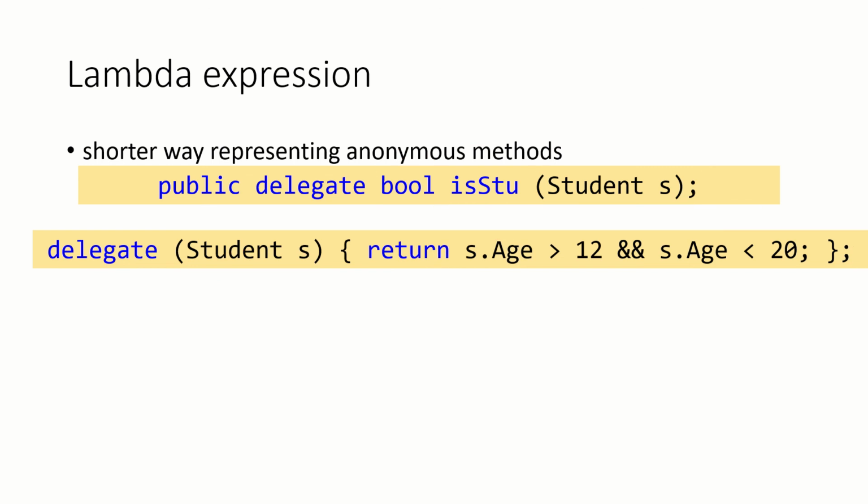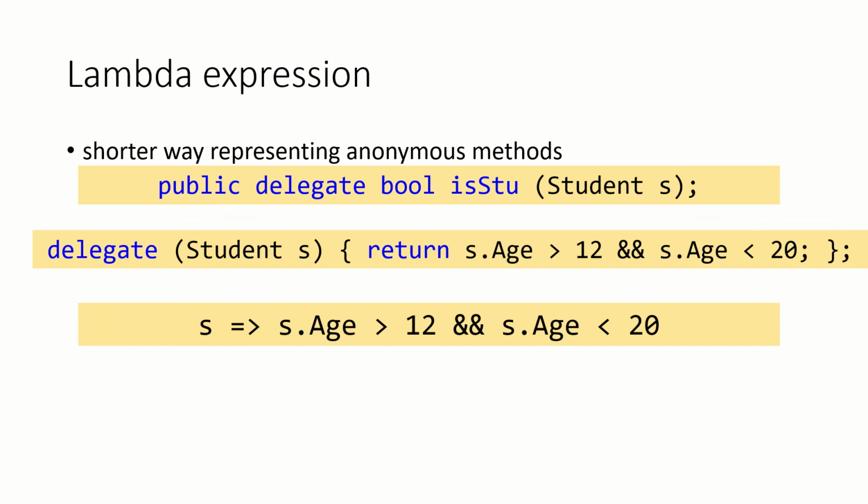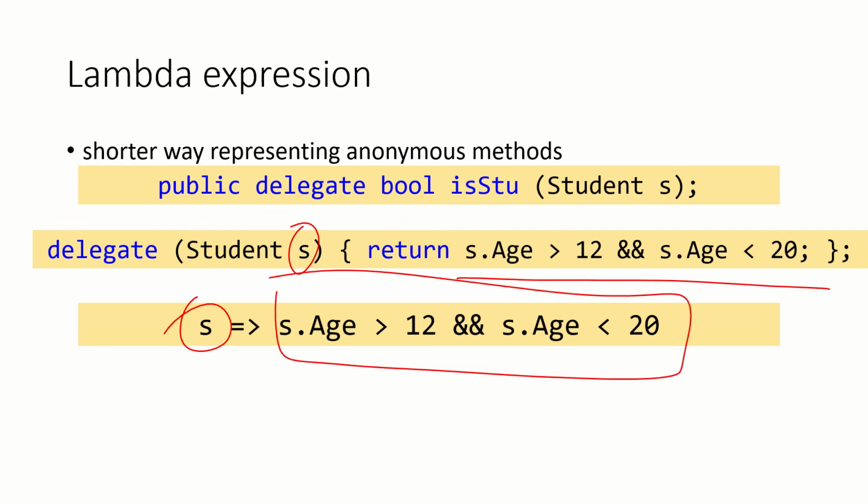But there's a way we can make this line much easier to write, which is a lambda expression. So with the lambda expression, you can see here, the parameter is right here, and the method body right here.